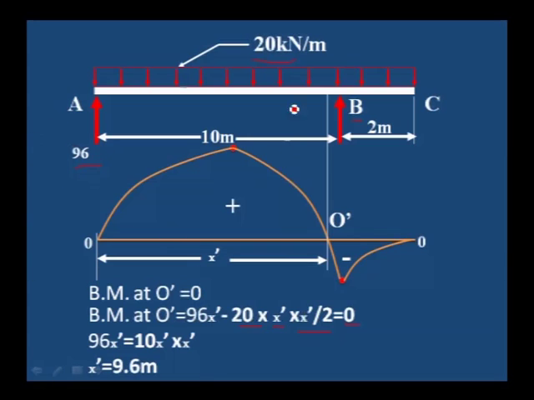That means the bending moment is equal to 0 at a distance of 9.6 meter from point A, or 2.4 meter from point C. This is the maximum bending moment value, and this is the point of contraflexure, that is x dash distance 9.6 meter.